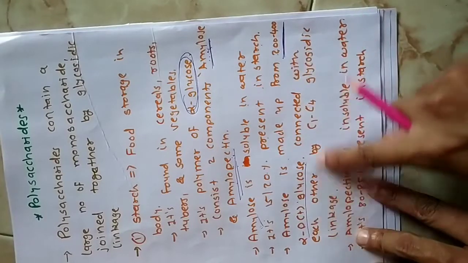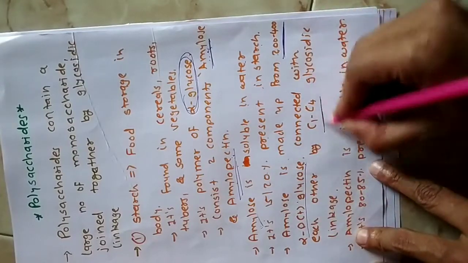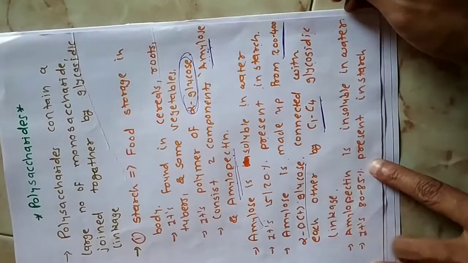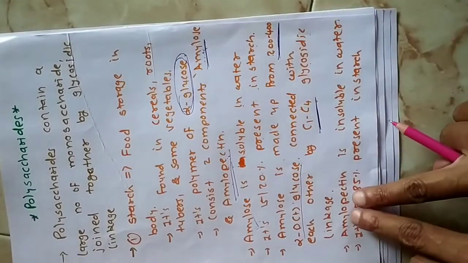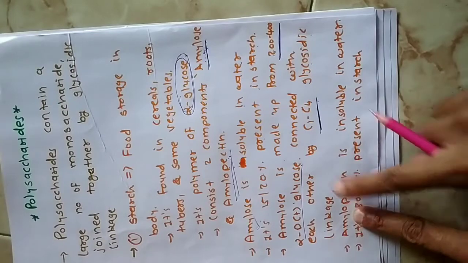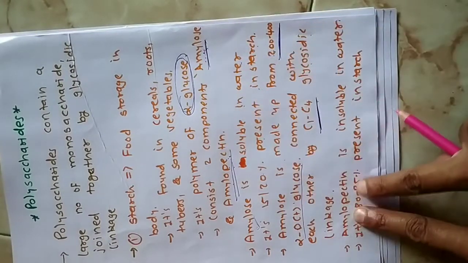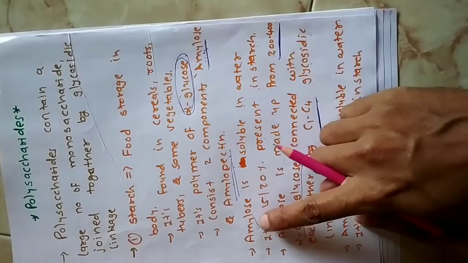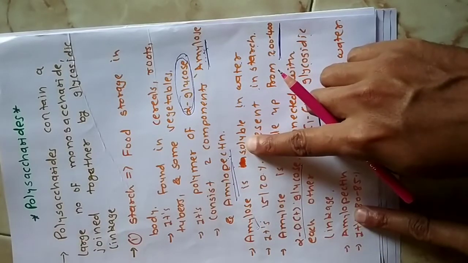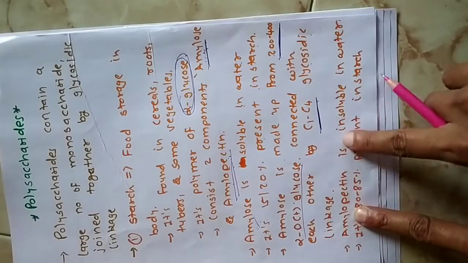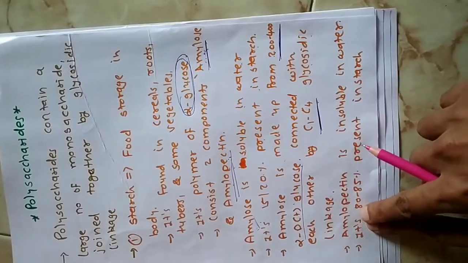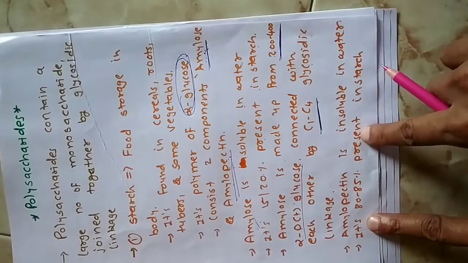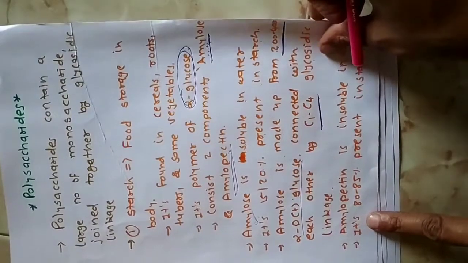They are connected with each other by C1 to C4 glycosidic linkage. We will see the structure here. While amylopectin, the second component, is insoluble in water. You can see amylose is soluble, and amylopectin is insoluble in water. Amylopectin is 80 to 85% present in starch.